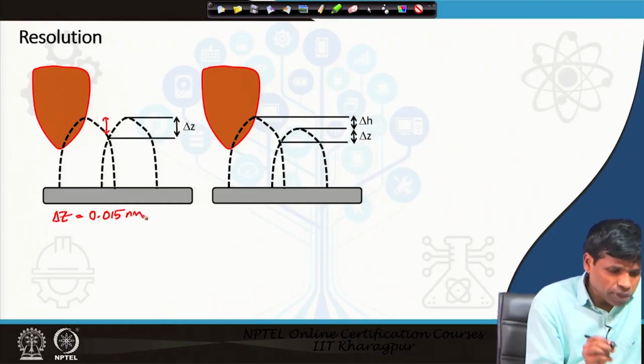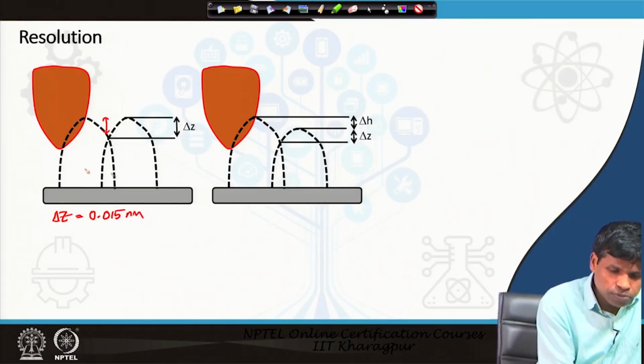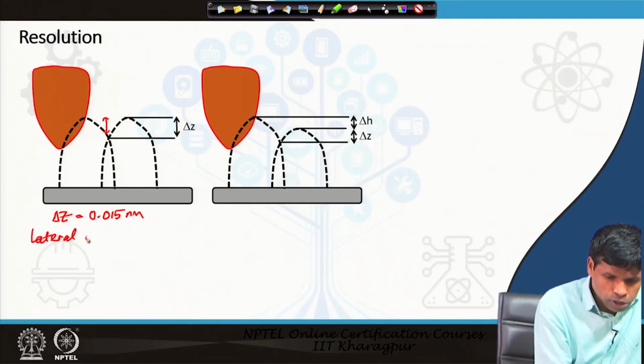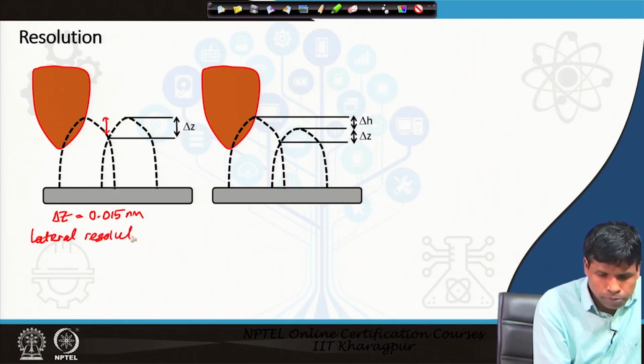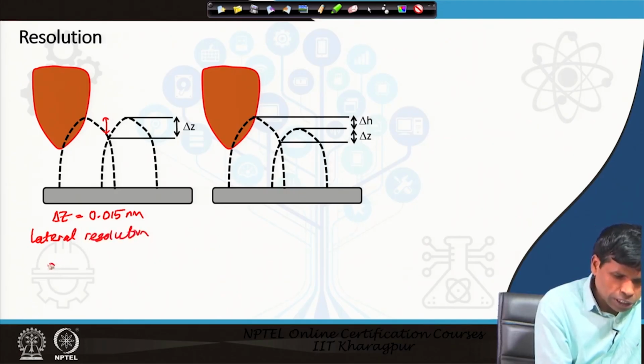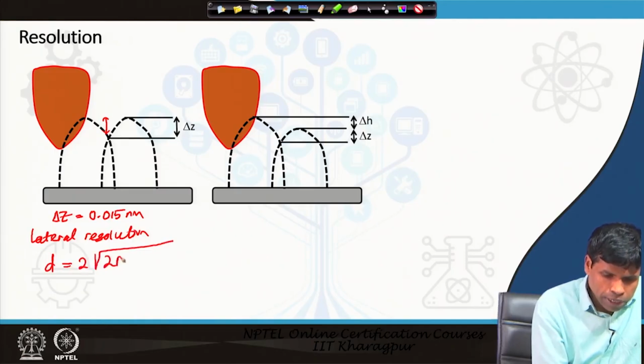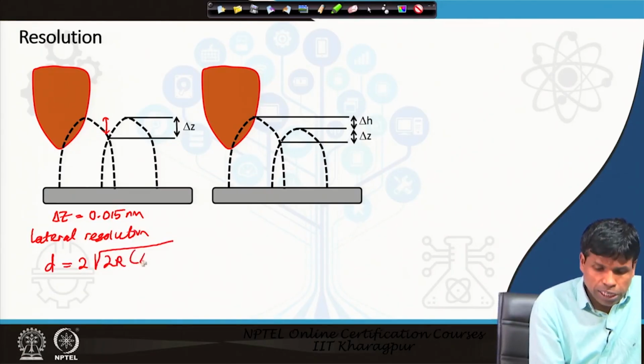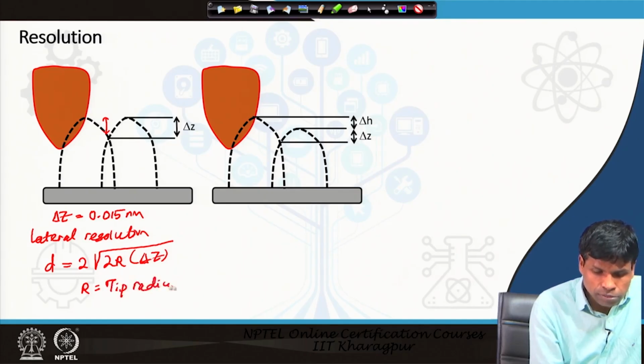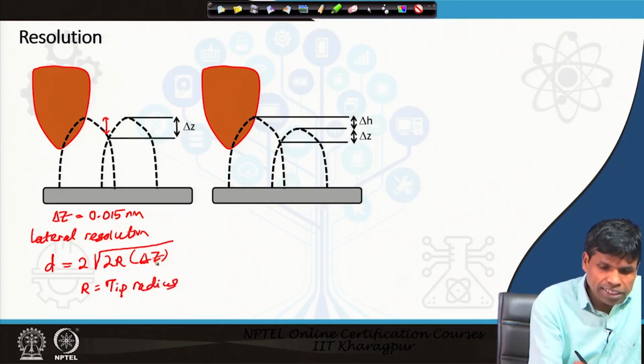Then the lateral resolution becomes d equal to 2 root r del z, where r is the tip radius and del z is this.